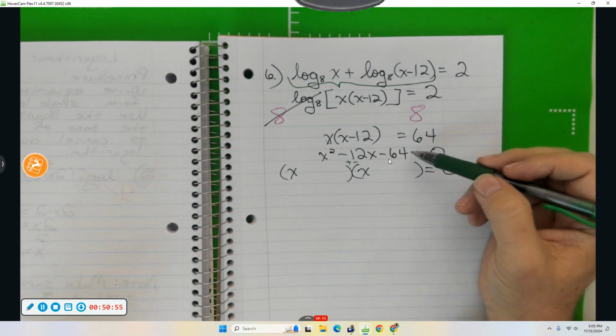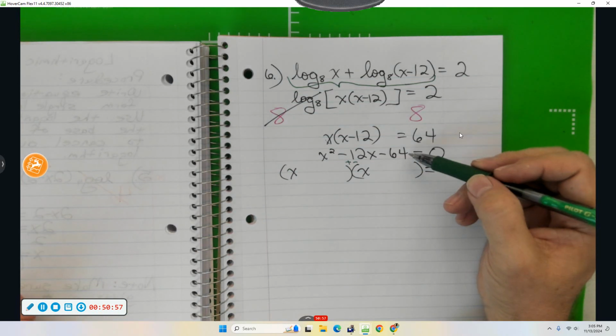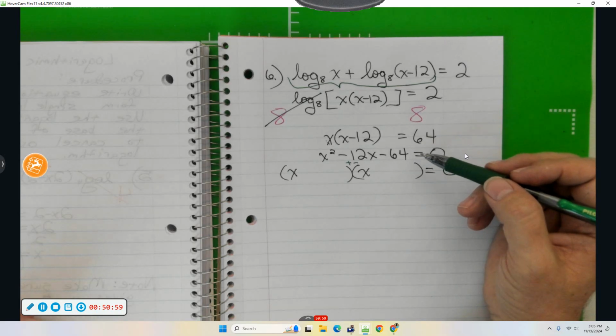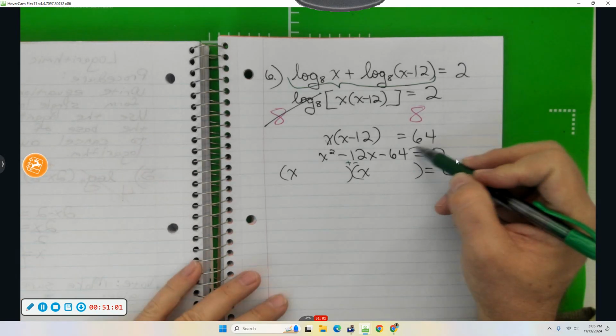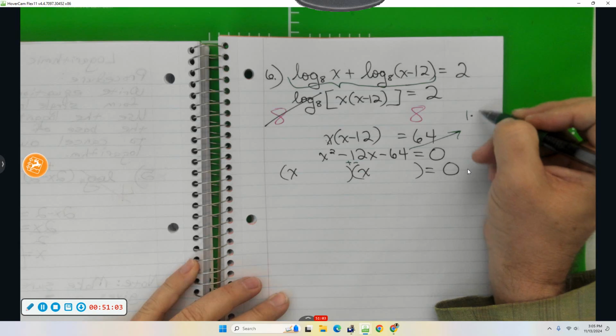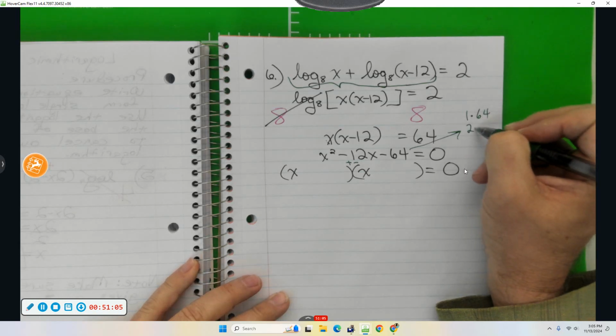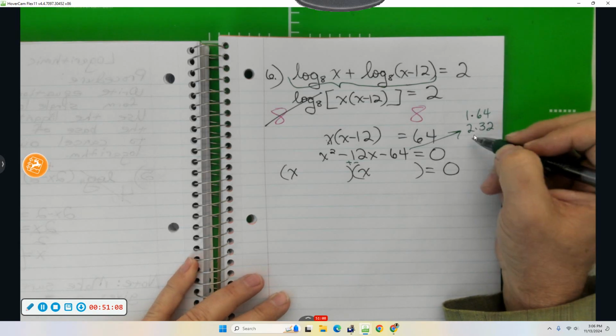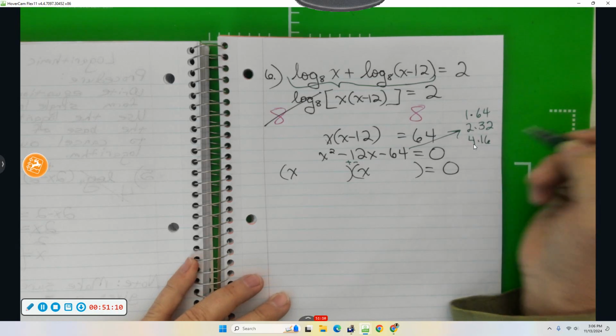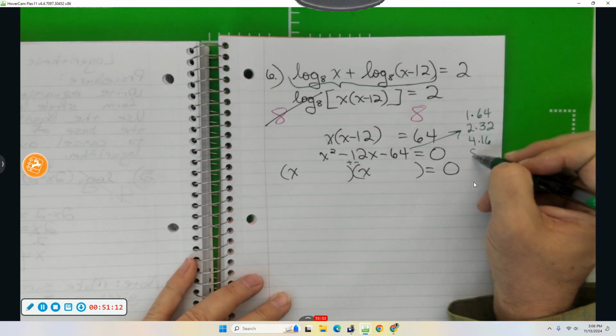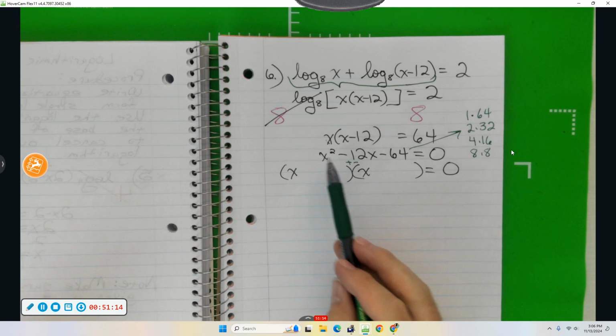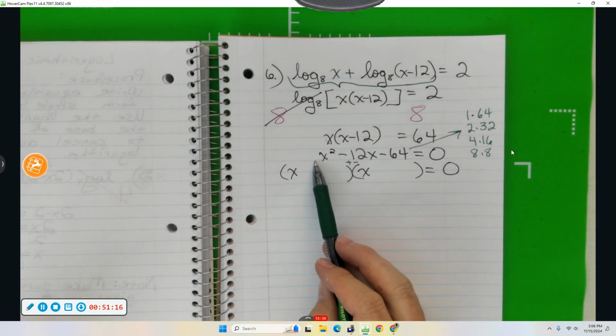Now for 64, when you think of 64, at least when I think of it, I think 8 times 8, but that's not going to do it. We could have 1 times 64, or 2 times 32, or 4 times 16, 5, 6, 7, 8 times 8. This is a simple trinomial.